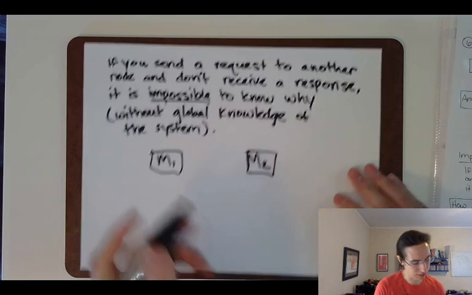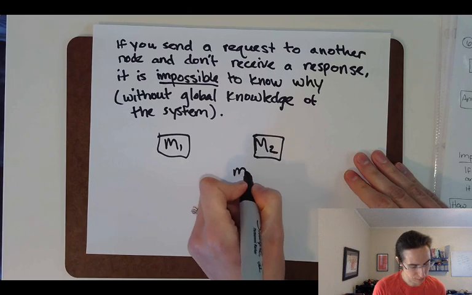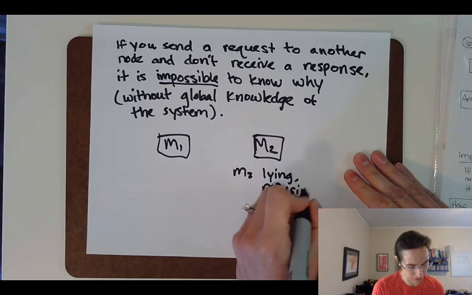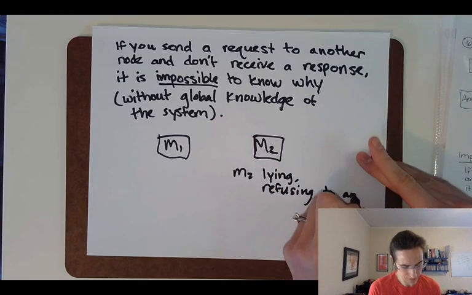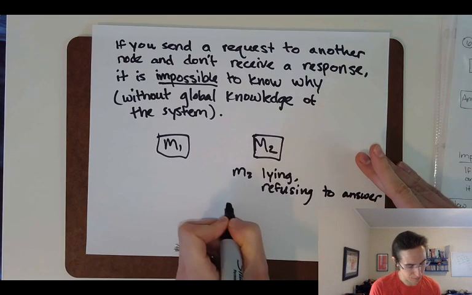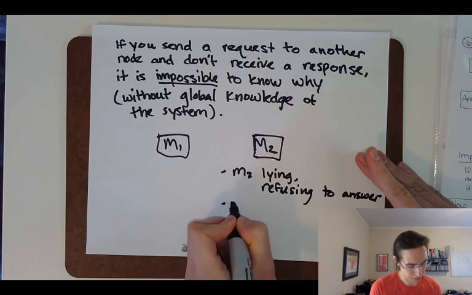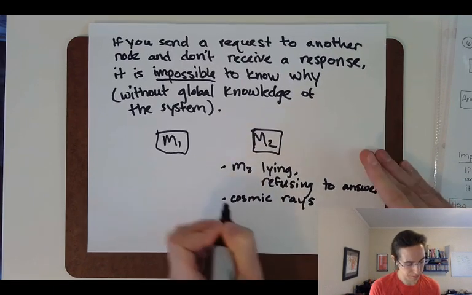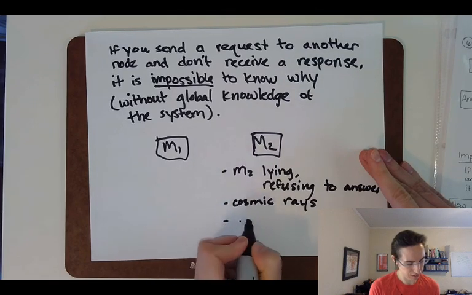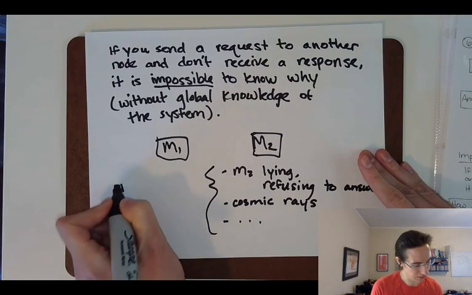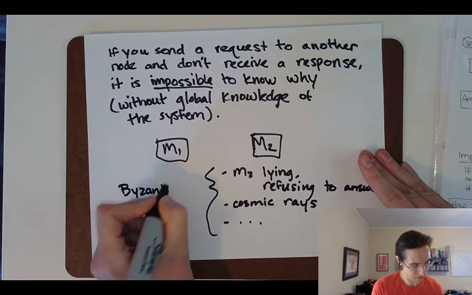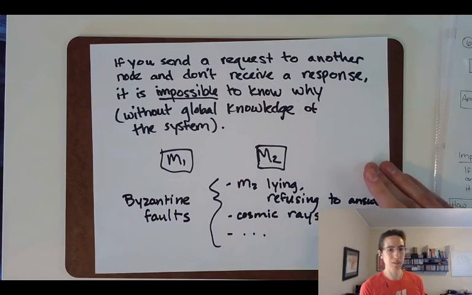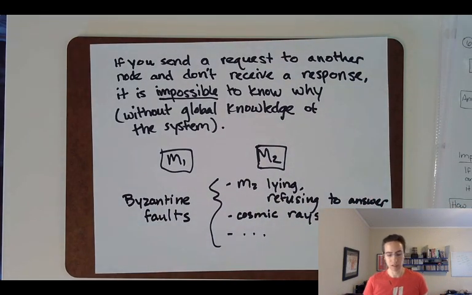So those sorts of things, like M2 lying, refusing to answer, cosmic rays, those sorts of things, are known as Byzantine faults. And we'll talk about that a little bit later in the course.